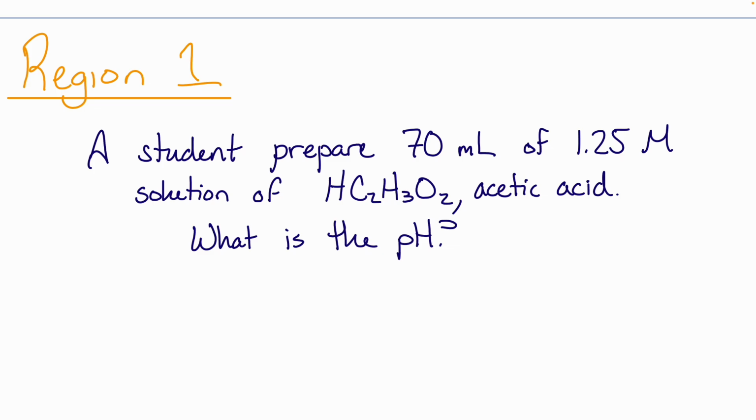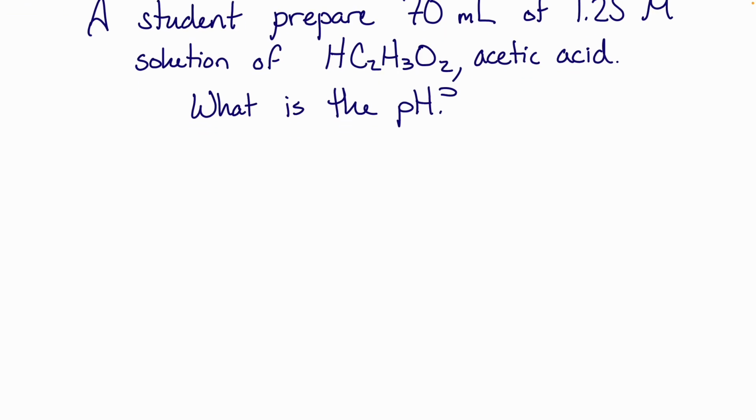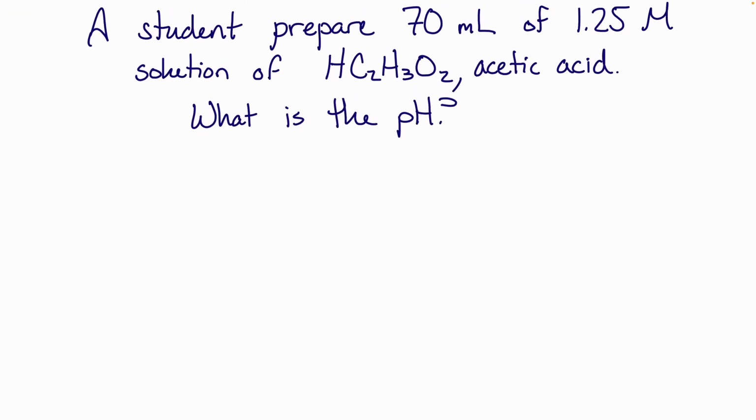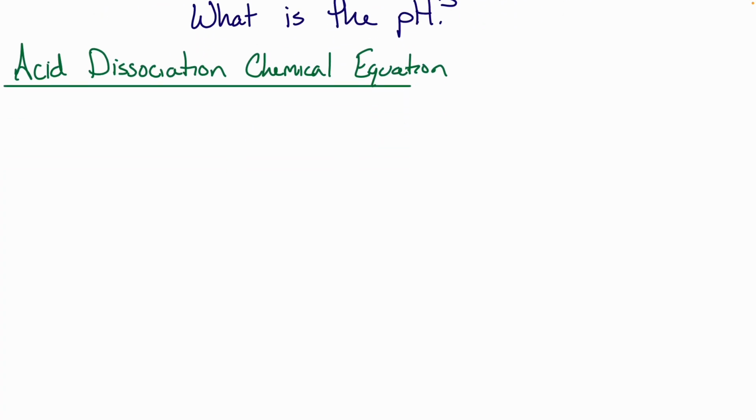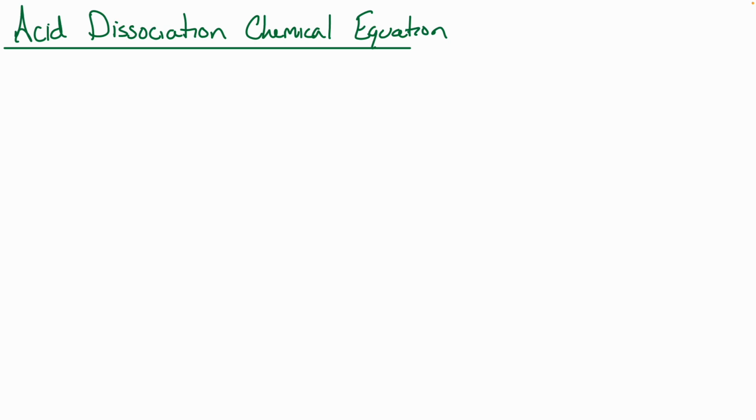Okay, well, again, weak acids are a pain in the butt. So now I need a lot more information in order to calculate the pH of my weak acid here. We're going to need our acid dissociation equation. Once we get our acid dissociation equation, we're going to need that Ka expression.